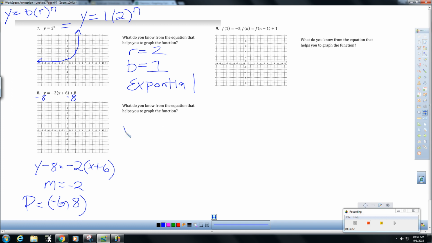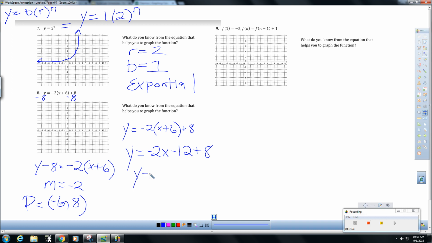If I had y equals negative 2 times x plus 6 plus 8, I would just turn it into y equals mx plus b. So y equals negative 2x minus 12 plus 8, right?